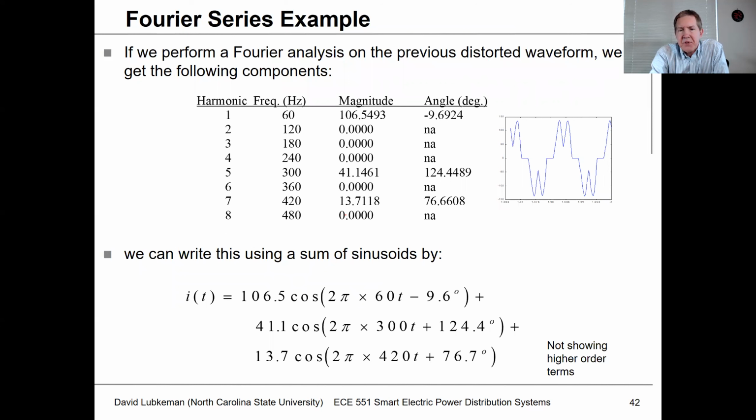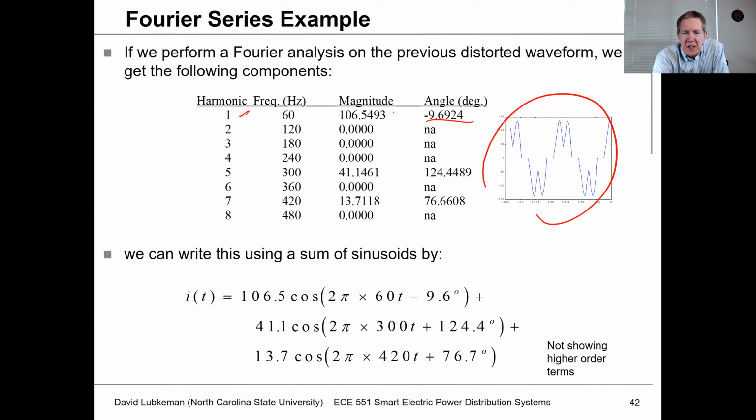As an example of this, let's suppose we took this waveform I showed you, from a 6 diode rectifier, AC to DC. If I did a Fourier analysis on this, I would see a 60 hertz quantity with a magnitude of 106.55 amps at an angle of minus 9.6 degrees with respect to the voltage reference being 0 degrees.